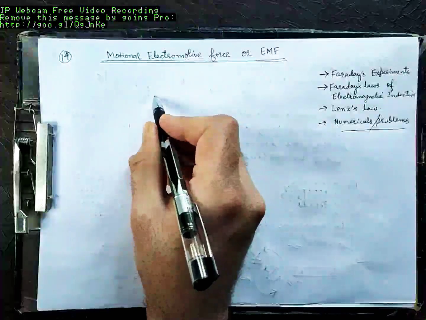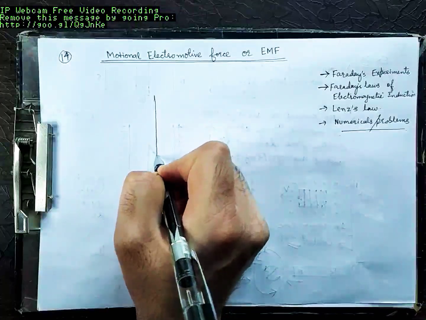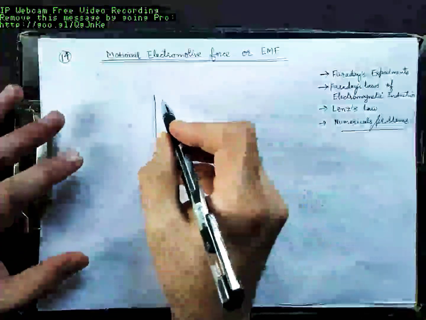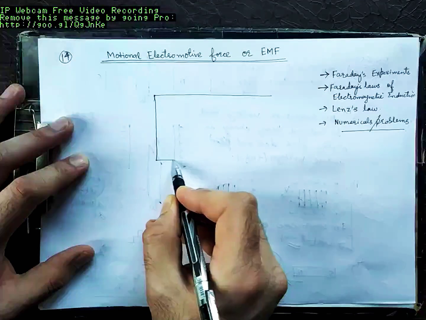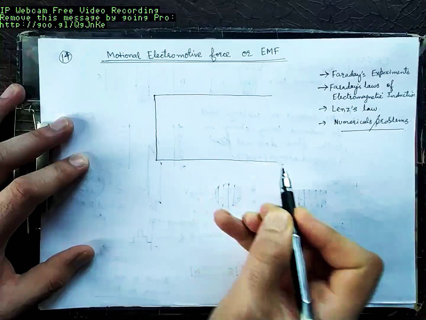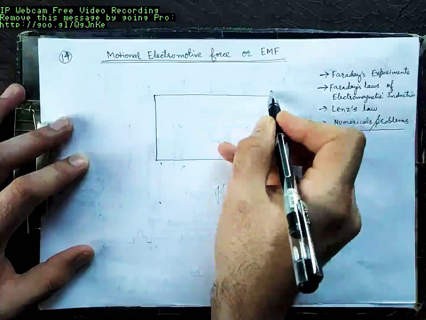Consider you have a conducting frame. This is made of a conducting material, say copper.